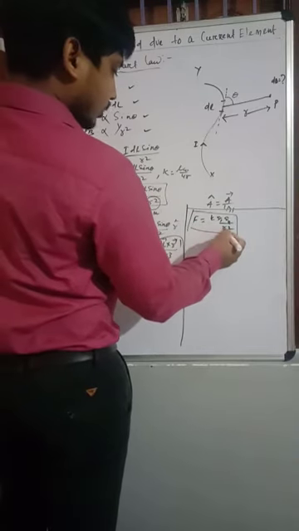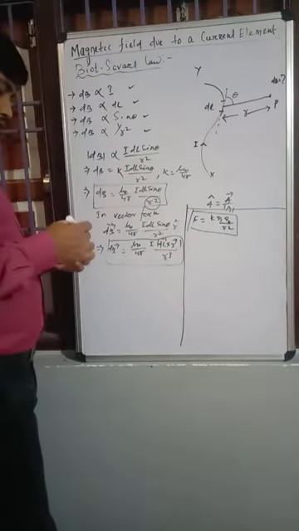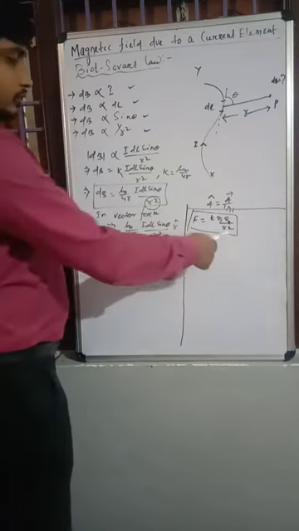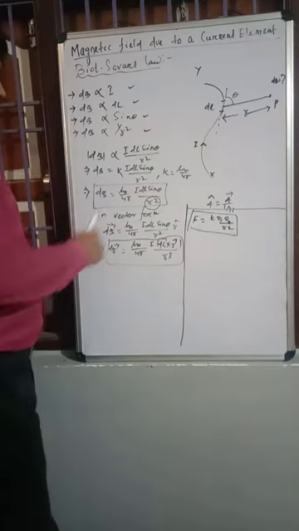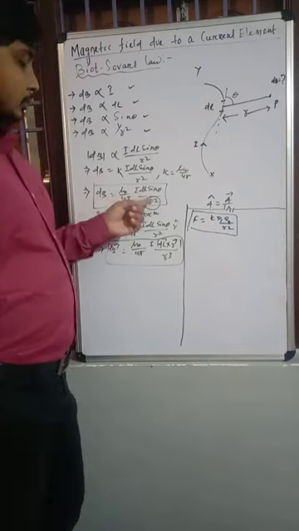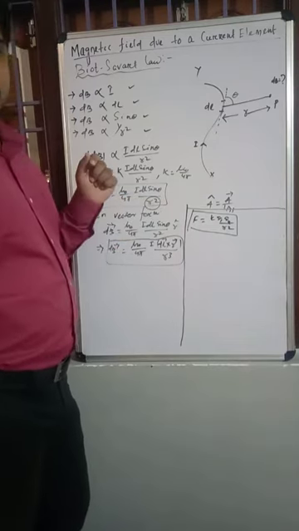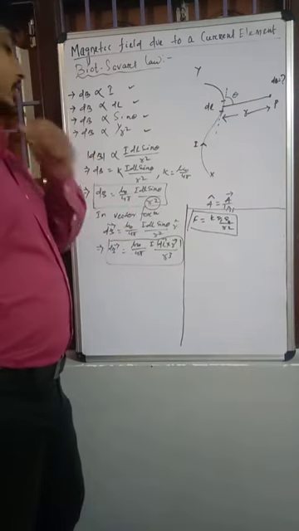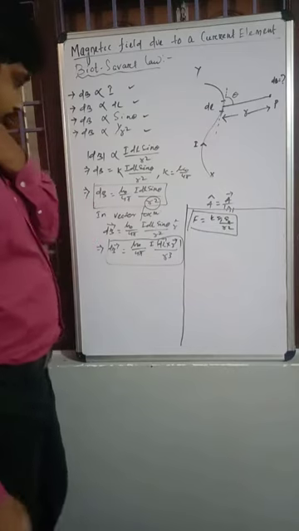So in Coulomb's force also the force is inversely proportional to the square of the separation distance, and here the magnetic field is also inversely proportional to the square of the separation distance. That means these two obey the inverse square law.